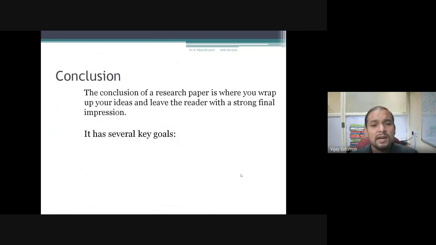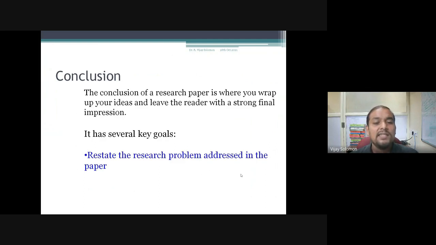Conclusions. Most people get confused when writing the abstract and conclusion. The conclusion of a research paper is where you wrap up your ideas and leave the reader with a strong final impression. It has several key goals. Number one, restate the research problem addressed in the paper. That should be the first line of your conclusion.